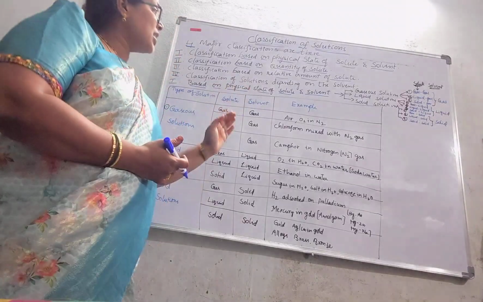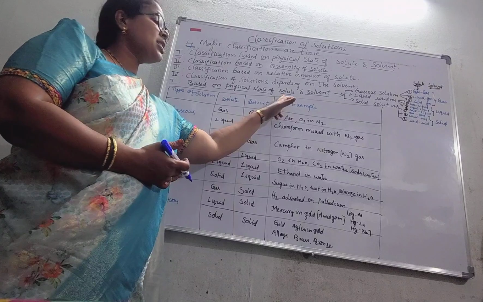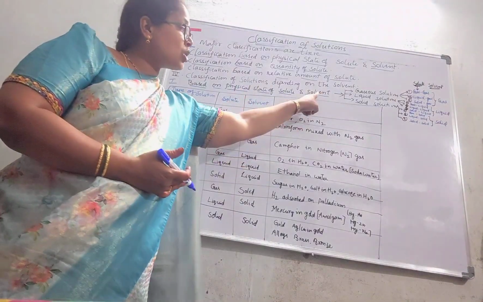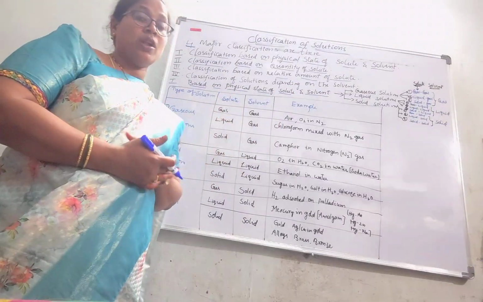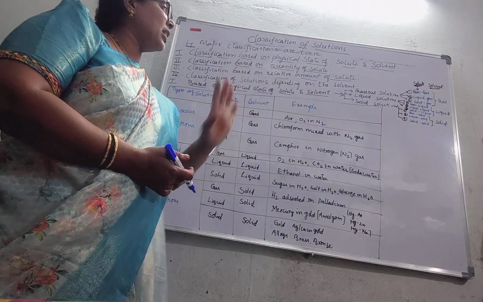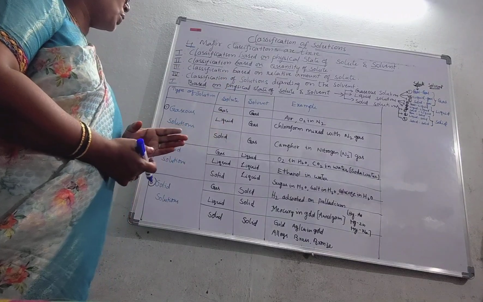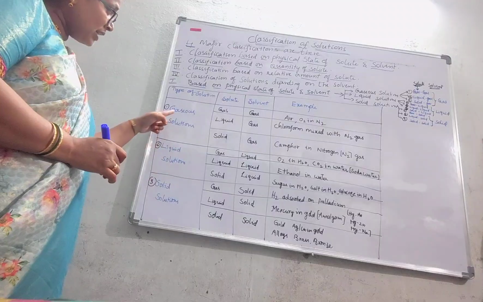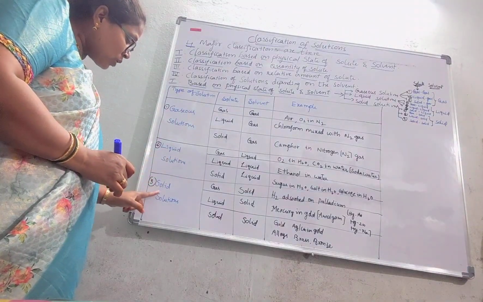Solute means the smaller quantity component present in the solution, and solvent means the larger quantity component present in the solution. Based on the physical state of solute and solvent, this first classification is divided into three major types: gaseous solutions, liquid solutions, and solid solutions.